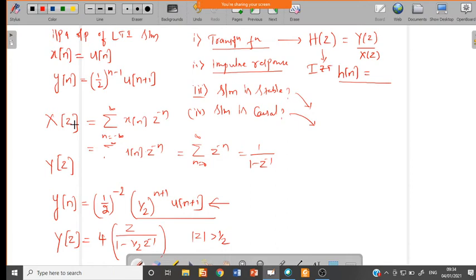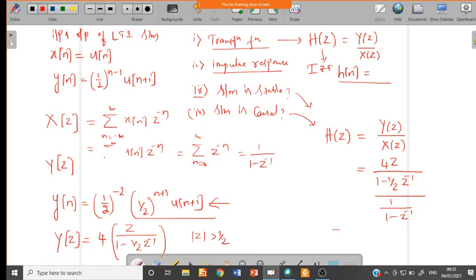So now we have X of z and we have Y of z. Now you take the ratio, so you will get H of z, which is given by Y of z divided by X of z. You know Y of z is given by 4z divided by 1 minus half into z inverse, divided by 1 over 1 minus z inverse.